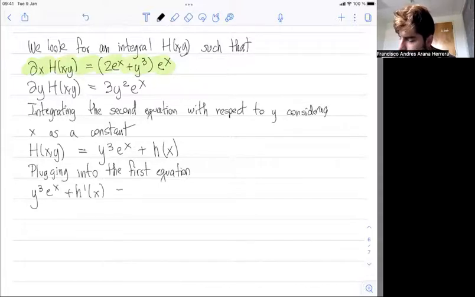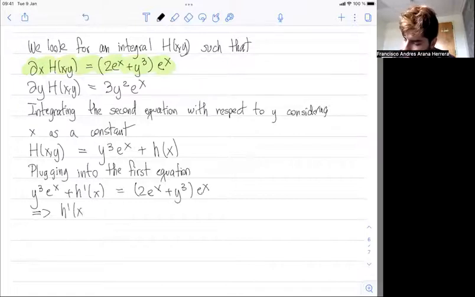That should be equal to 2 e to the x plus y cubed e to the x. Simplifying, the y cubed e to the x terms cancel, so you just get that h prime of x is equal to 2 e to the 2x.